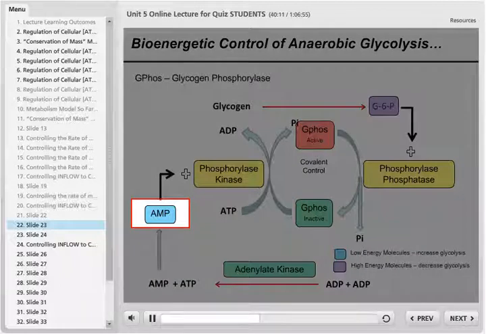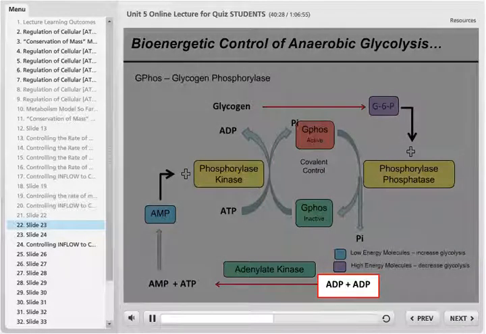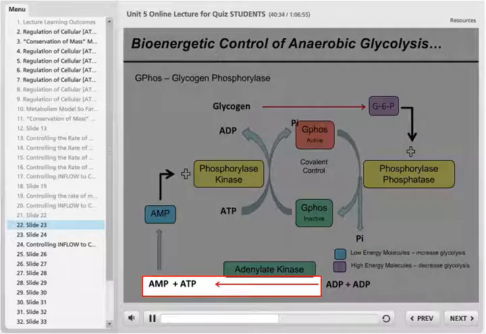And this is AMP, adenosine monophosphate. So now, why is this important? Well, first of all, after ATP is hydrolyzed to form ADP, you can actually have adenylate kinase catalyze the formation of another ATP from 2 ADP, and you're left with an AMP.